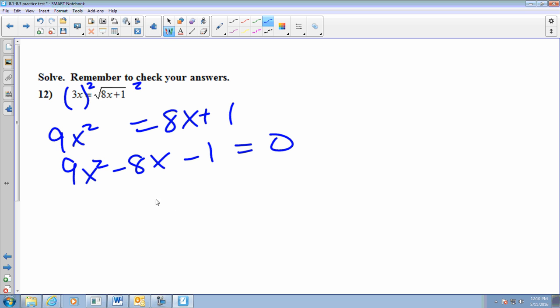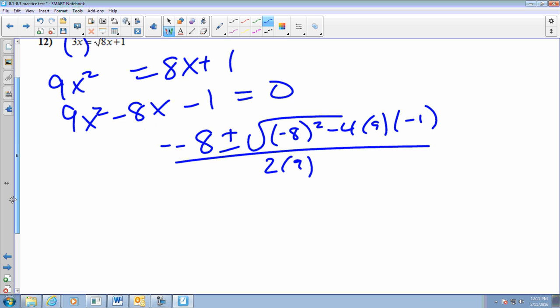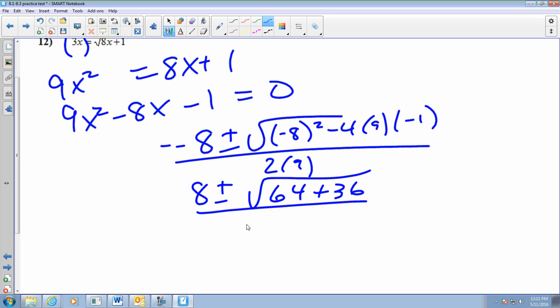And so I'm going to go x equals negative negative 8, which gives me positive 8, plus or minus the square root, negative 8 squared minus 4 times 9 times negative 1, all over 2 times 9. Doing a little simplifying on that, I get 8 plus or minus the square root of 64 plus 36 all over 18.